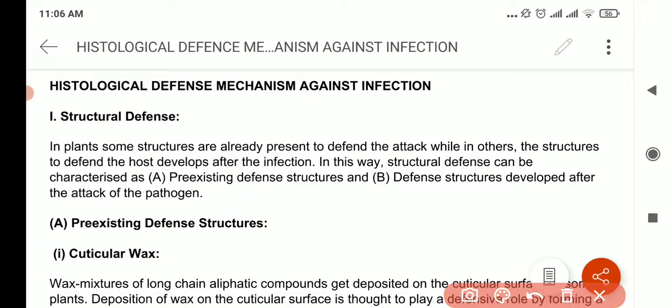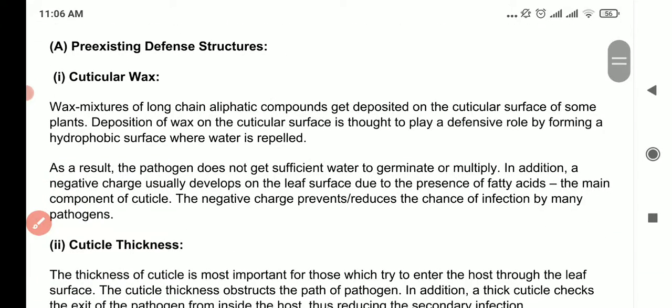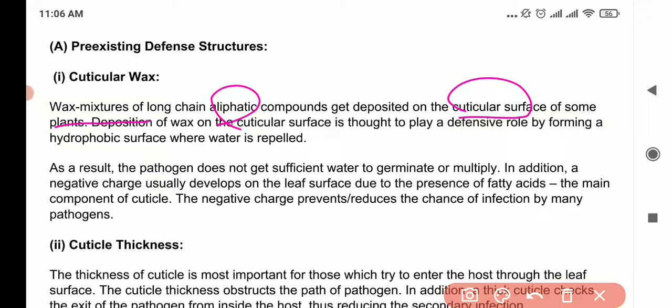The first one is cuticular wax. This is a wax mixture. Wax is just like fat. You have seen candle wax, like that. It's made up of fat. So these are aliphatic compounds and get deposited on the surface of the cuticle.